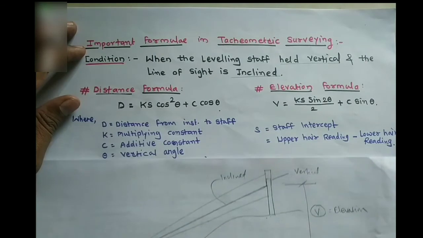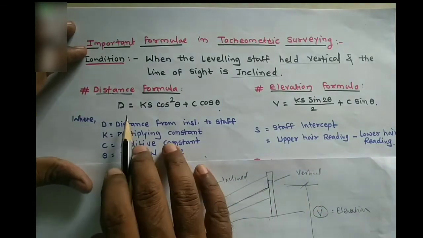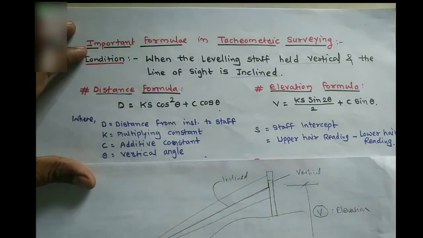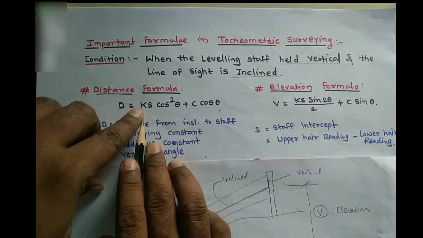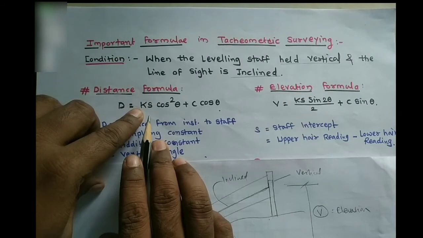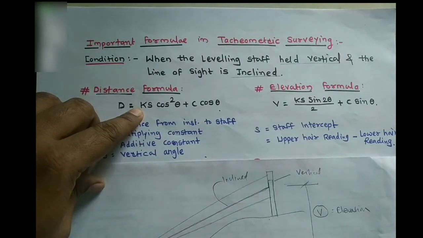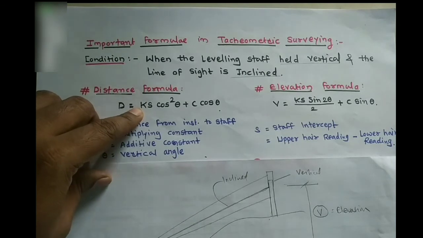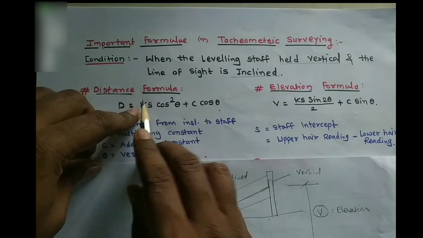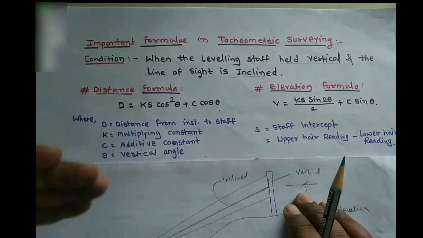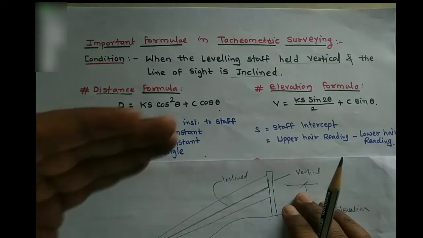Now, what is D? As we know, D is the distance from instrument to staff. Okay. Now, K is the multiplying constant. Okay, the value depends upon the angle beta. Okay, then this is an instrument constant. It depends upon the instrument, and the value lies between 90 to 100.